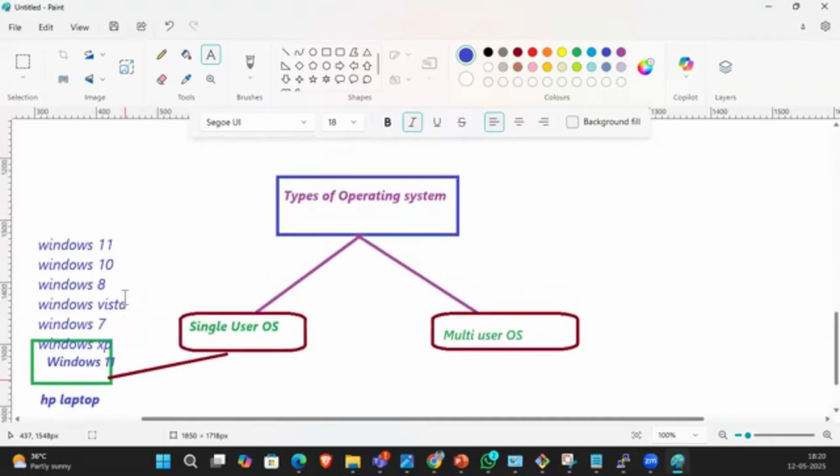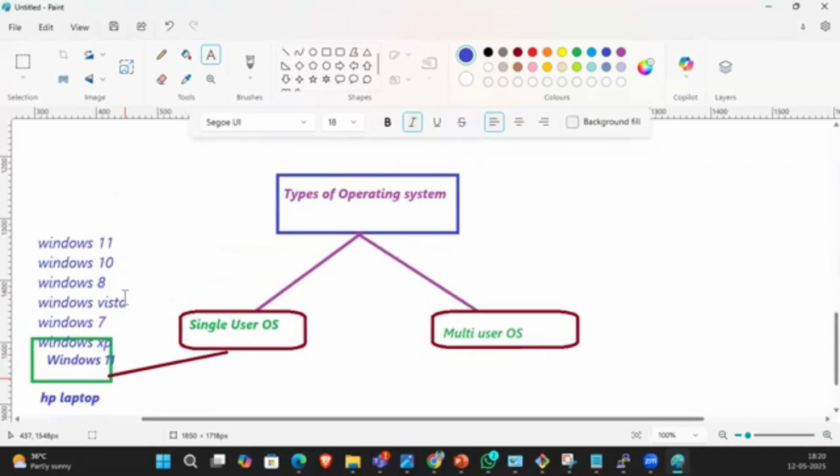Guys, who developed Windows? Who invented, who created the Windows operating system? Which company? Microsoft. Very good.